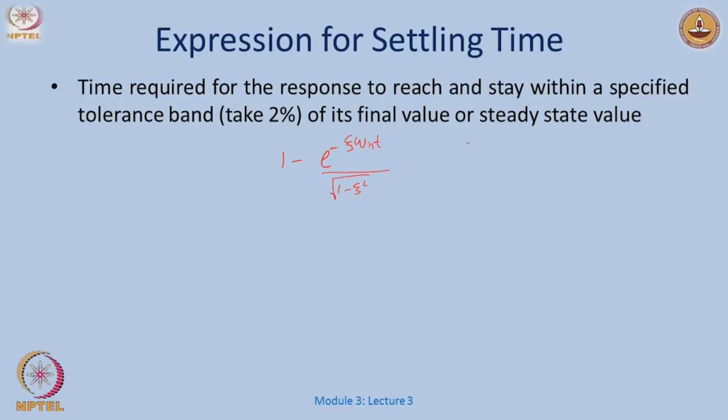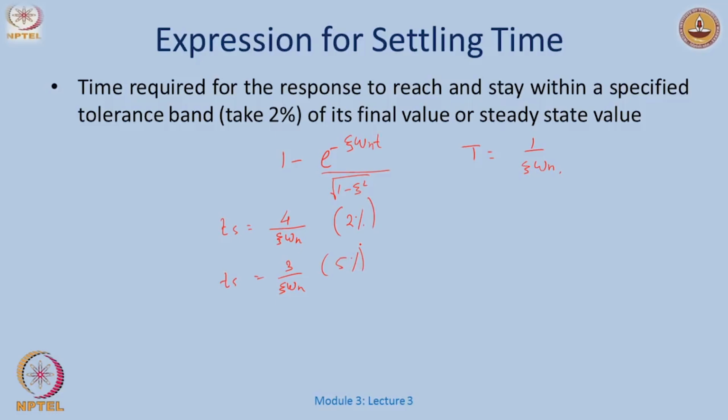So, this has a time constant of 1 over zeta omega n, and therefore my settling time would just be 4 times the time constant, which is 4 over zeta omega n for the 2% criterion, and 3 over zeta omega n for the 5% criterion.